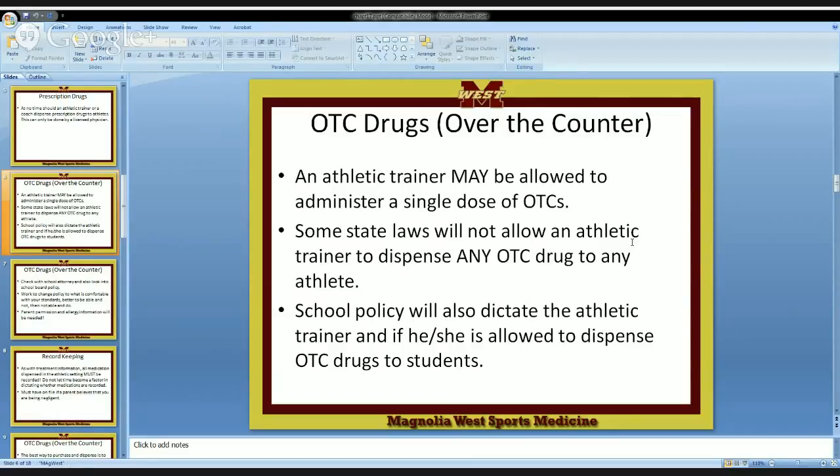And we look it up. With 500 physicals in there, I'm not going to remember everybody who's turned it in or what is signed off. Some state laws won't allow the athletic trainer to dispense any over-the-counter medication, and some school districts will also not allow you to dispense any over-the-counter medication.